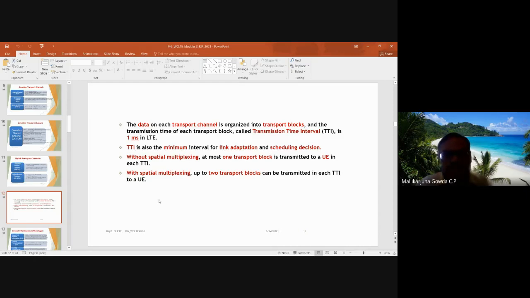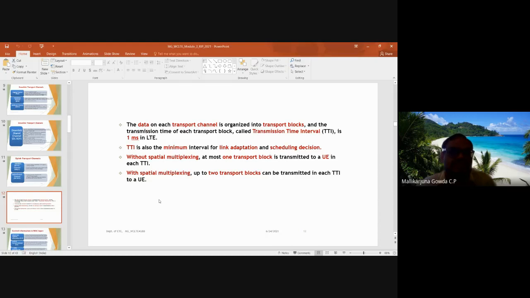And here we say two cases: without spatial multiplexing, what is the support of this transport block, and with spatial multiplexing, what is the support? Okay, so without spatial multiplexing, at most one transport block will be transmitted to the user equipment in each TTI.